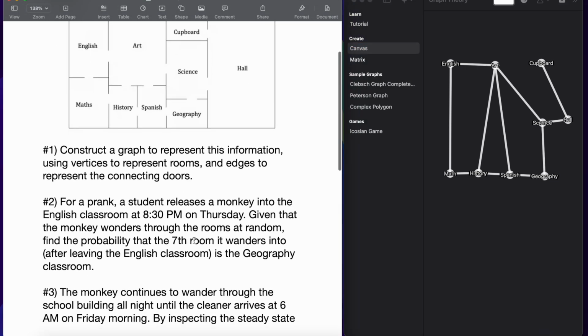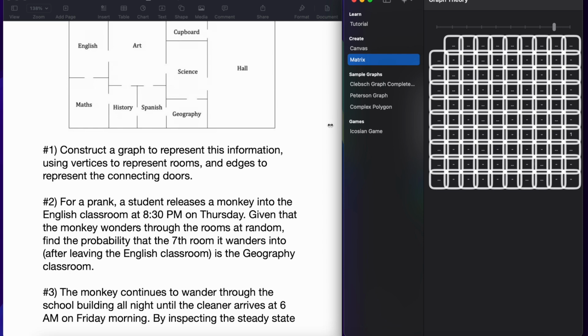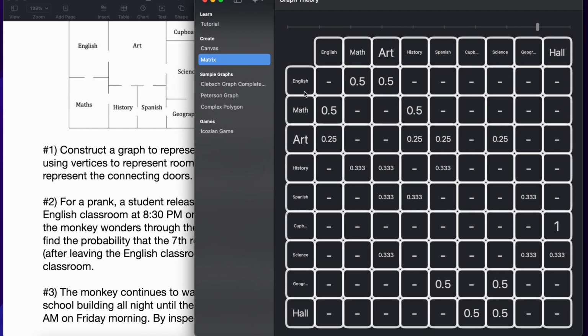The second step, we constructed a transition matrix. Our transition matrix had 9 rows and 9 columns. The weights of the matrix were the probabilities of moving from one room, represented by the row, to another room, represented by the columns. We used this to calculate the 7th power of the transition matrix.